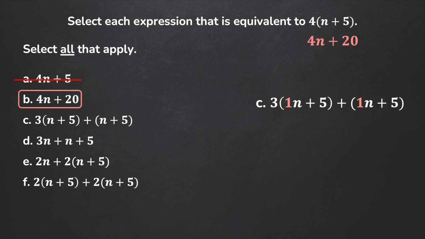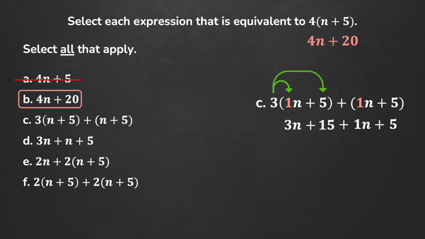And now let's distribute the 3. 3 times 1n is 3n. 3 times 5 is 15. And then we're going to bring down the plus. And notice here that in parentheses we have 1n plus 5, but because that can't be simplified further within the parentheses, we could just drop the parentheses and bring that down.